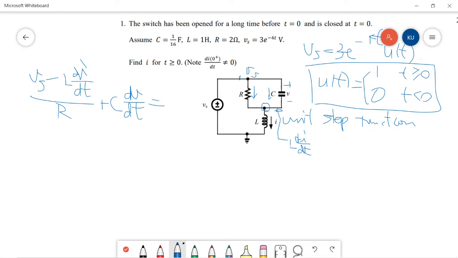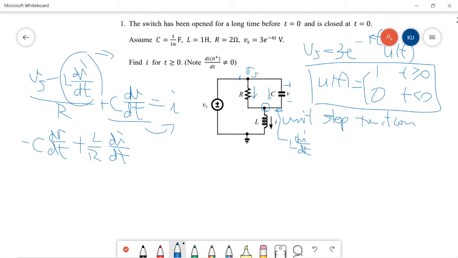The next one, these 2 currents added together will be equal to this current I. Now we just try to rearrange some of the terms. We move this term to the right side, so it will become plus L over R di/dt.